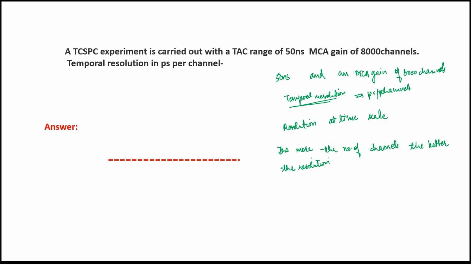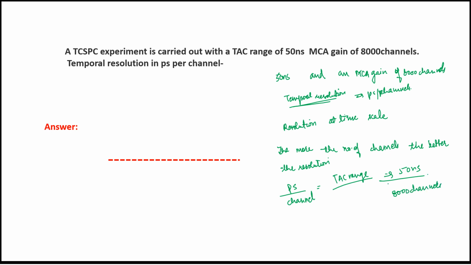And in our case, if you want to calculate the temporal resolution in picosecond per channel, we are given the TAC range. The TAC range covers 50 nanoseconds and there are 8,000 channels.